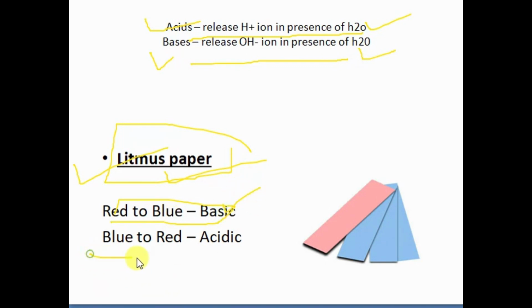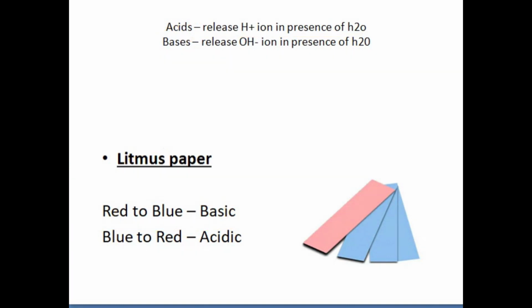And if blue litmus is changing to red, it means the chemical that you have taken was acidic in nature. So this is a very simple and easy method to identify whether the chemical you are using is acidic or basic in nature. I hope this is clear.